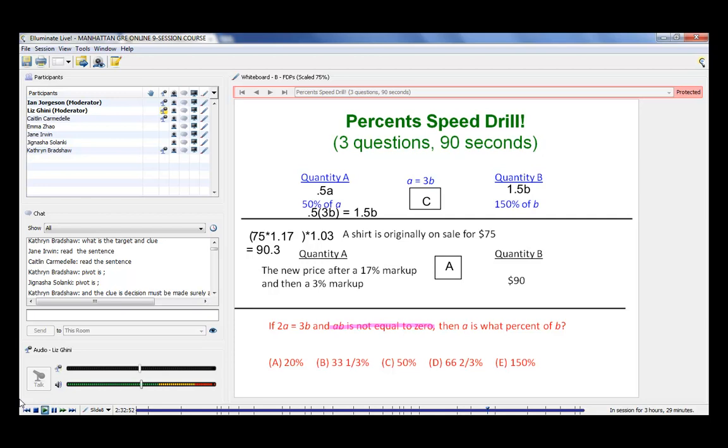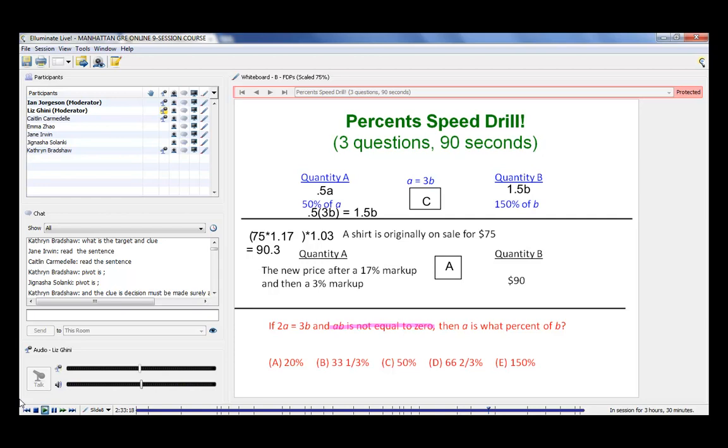Okay? Now, if 2a equals 3b, what does that tell us that's really helpful in answering this problem? Exactly.